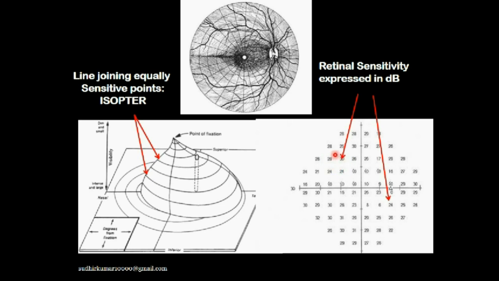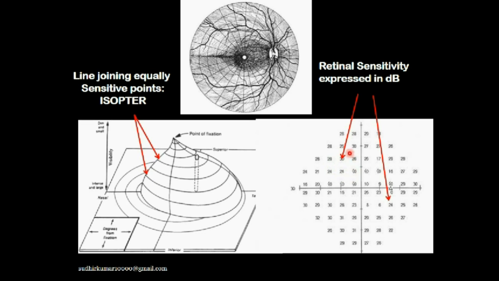In this, a spot of light is thrown over the retina, and the number is given according to the dimness of the light. If a person can see a dim light, it is given a high number, in decibels, and if a person can see no light, it is given 0, again in decibels.